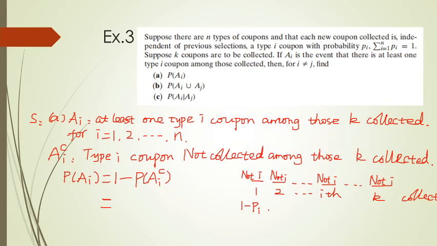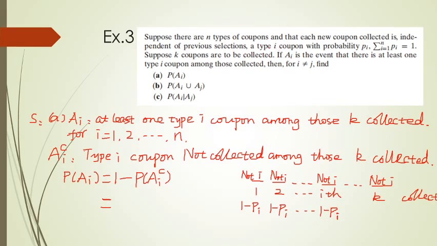The second one is the same. When you choose the second coupon, what is the probability it's not type I? It's the same, the other n minus 1, with probability 1 minus pi. The nth is the same: if you are not going to choose type I, you choose the other n minus 1. The types are different, right?